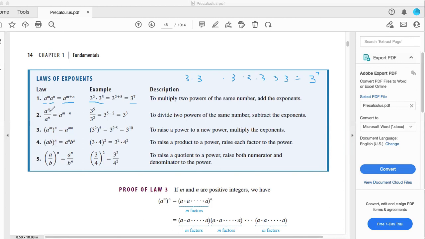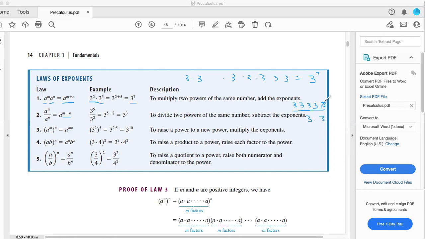About the second one, we have a to the m divided by a to the n, which is a raised to the m minus n. For example, 3 to the 5th divided by 3 to the 2nd is equal to 3 raised to the 5 minus 2. If I have five 3s in the numerator and divide by 3 times 3 in the denominator, how many do we have left?